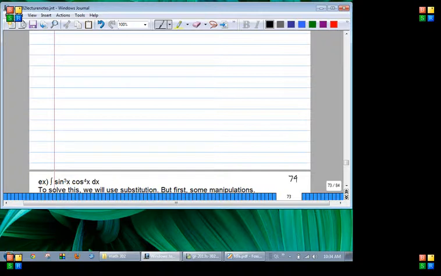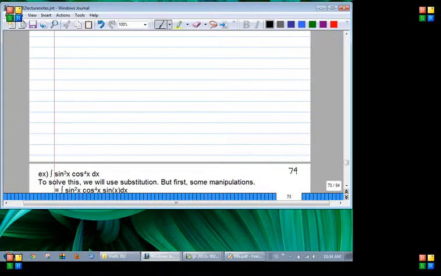So that integral that I just showed you, integral of sine cubed x cos to the fourth x. To solve this, like I said, we're going to use substitution, but first we have to get it ready. So let me take you on a journey. I rewrote this in a very strange way. What did I do?